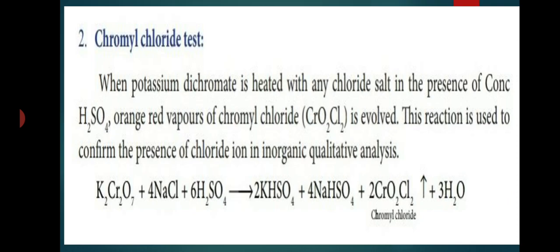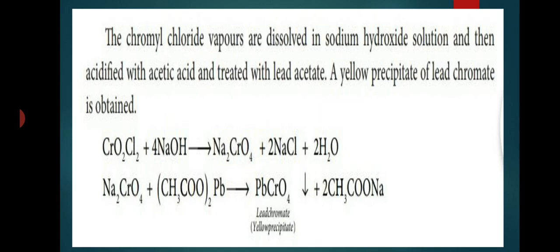So this is the reaction, that is K2Cr2O7 plus 4NaCl plus 6H2SO4 gives 2KHSO4, potassium hydrogen sulfate, 4NaHSO4, sodium hydrogen sulfate, then CrO2Cl2. This is the vapor that is liberated during the reaction. Then the chromyl chloride vapors are dissolved in sodium hydroxide solution and then acidified with acetic acid and treated with lead acetate.